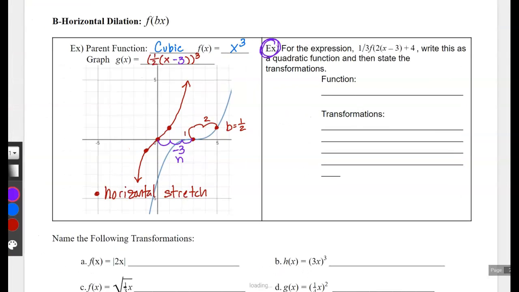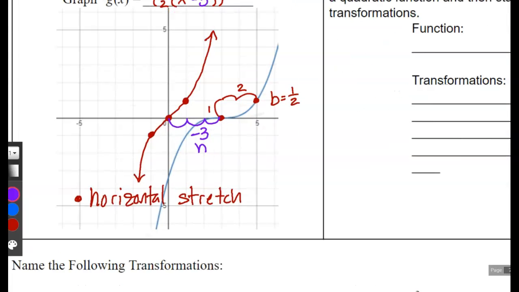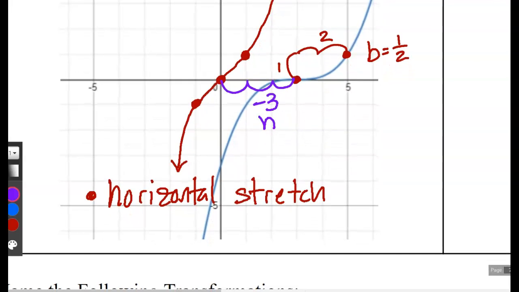There's one thing I need to tell you before you do this. Remember how I said B is backwards? When we are stating the transformations, because B is backwards, and in our previous example B was 1/2, we do not say horizontal stretch by 1/2. What do you think we say by?